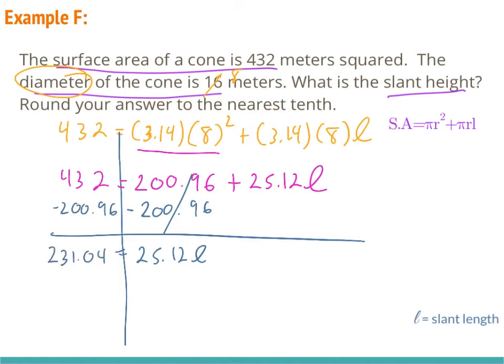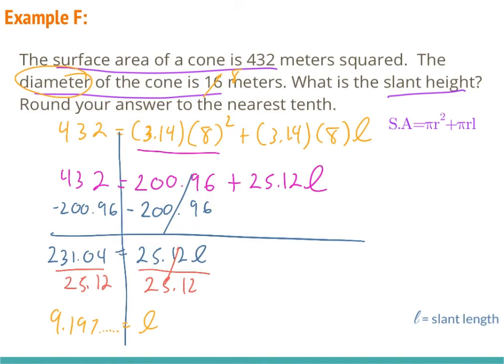And then our final step here is divide both sides by 25.12. We're going to do that on both sides of our equation. So again, 25.12. These are going to cancel. Bring down my L. 231.04 divided by 25.12 is going to bring us 9.197, on and on and on.